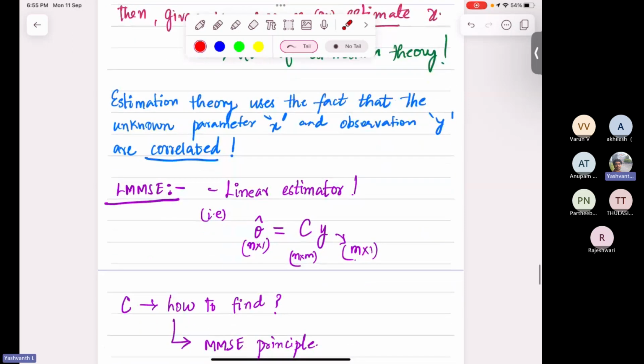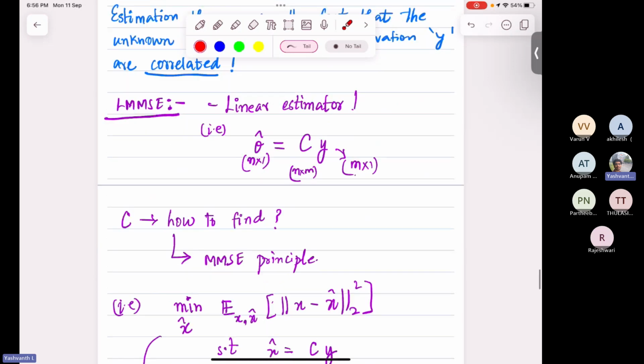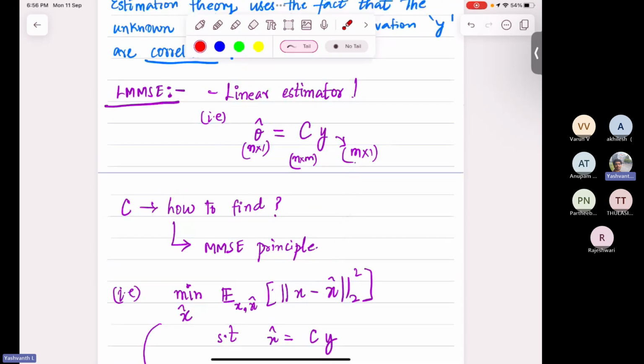Now, one class of estimator is called the LMMSE estimator, the linear MMSE estimator. What does linear mean? It's a linear function of your observation y. That is why it's called linear. Maybe it's not theta, I meant to say it is x. It's x hat.